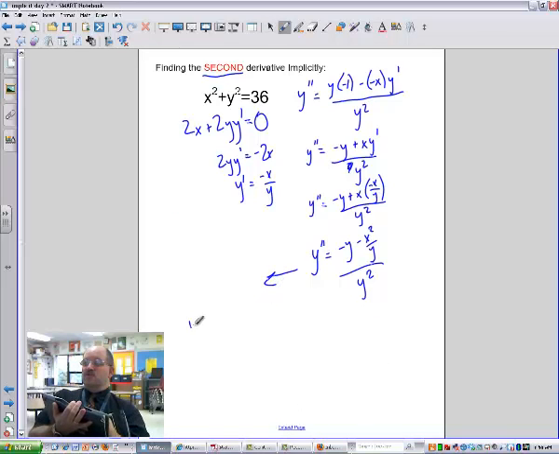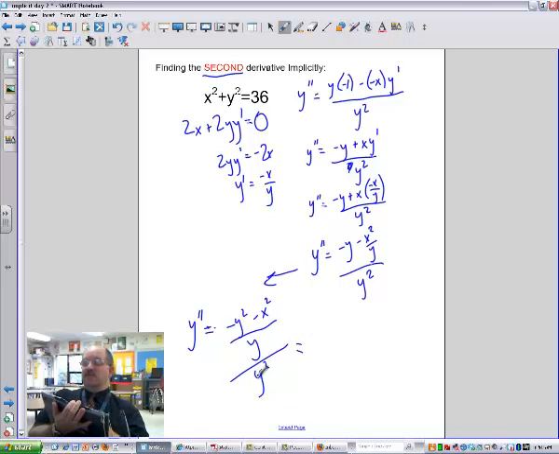Y double prime equals, my common denominator is going to be y, so I'm going to get negative y squared minus x squared all over y. Take a second to make sure that that's okay. All over y squared. Okay, that is an awful looking fraction.